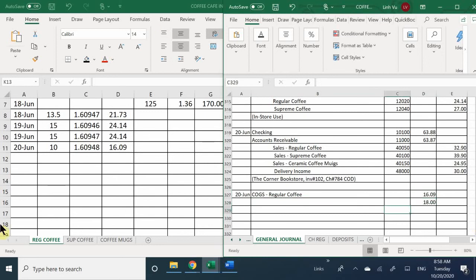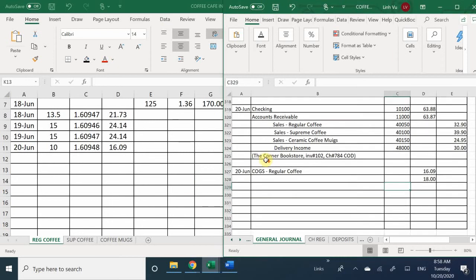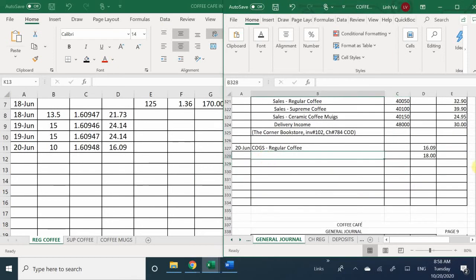Right. So let's plug in my account numbers. The regular is 550, 50, 100. Okay. And where am I taking them out of?